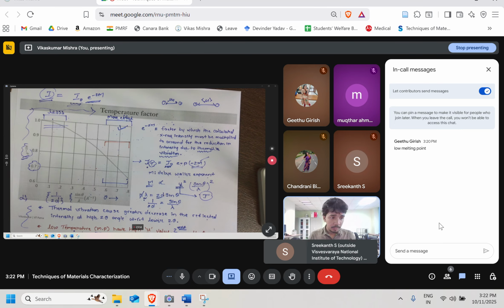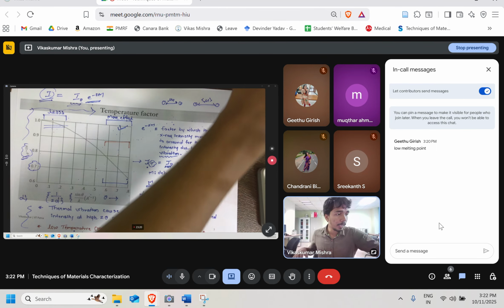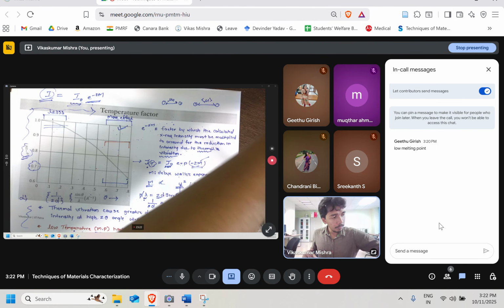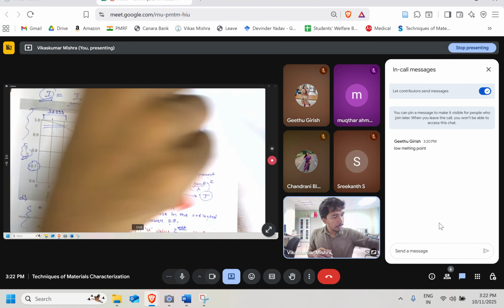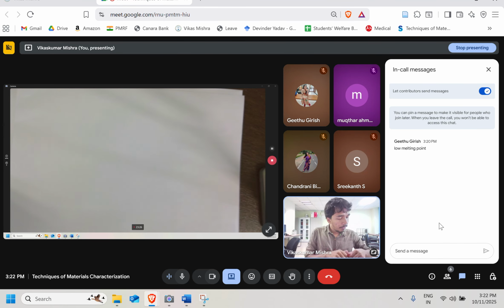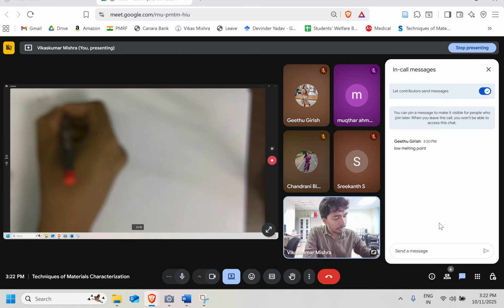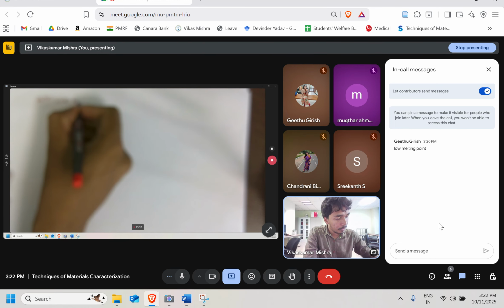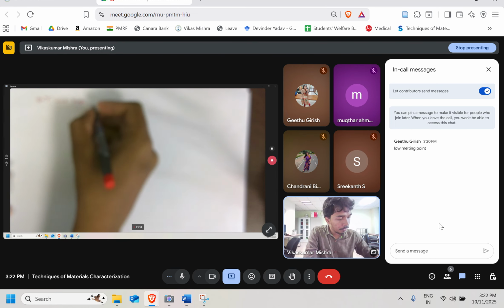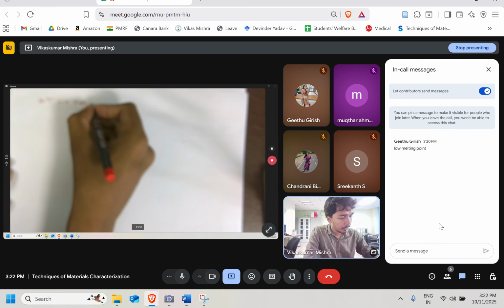Very good. Yeah, this is a more practical type of question which people usually have doubts about. Even room temperature is high for certain materials.